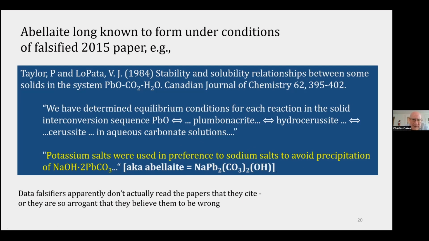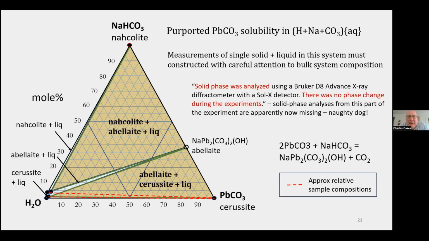Oops, wrong button. So I've got a cartoon here of the sodium bicarbonate, lead carbonate, water system. It's not quantitatively correct, but it's good enough for government work. Over here on the right-hand side is a chemical reaction that should form the sodium lead carbonate hydroxide. And its composition lies over here on this tie line between sodium bicarbonate and lead carbonate.